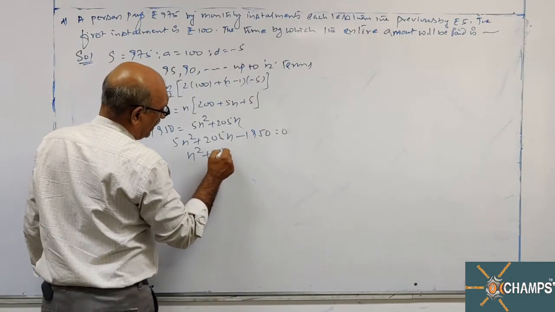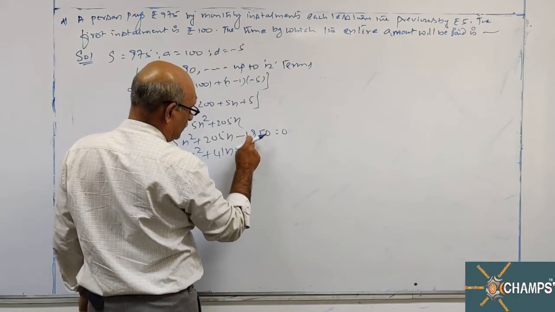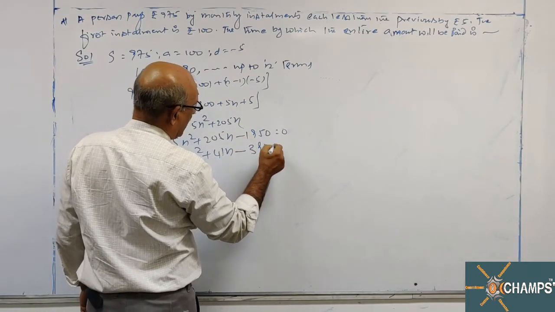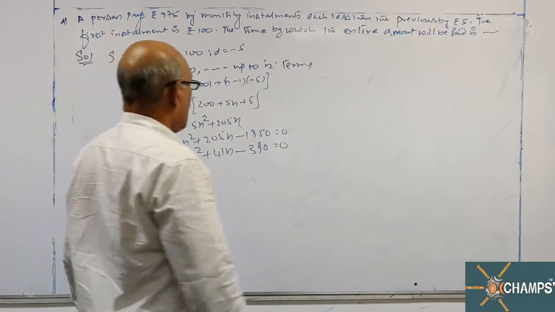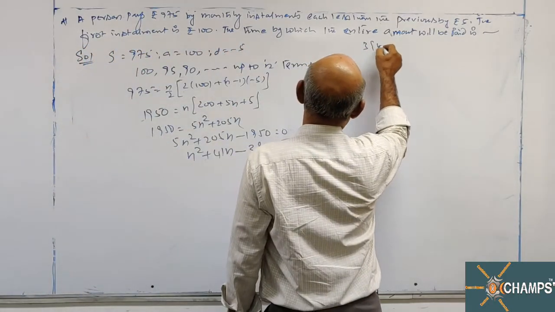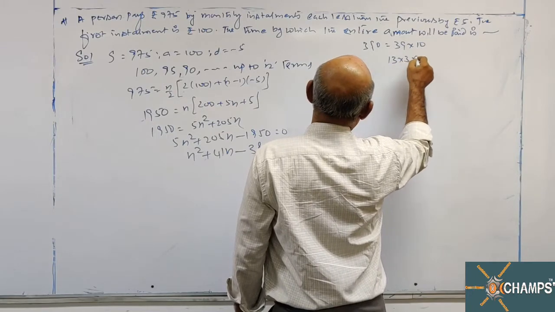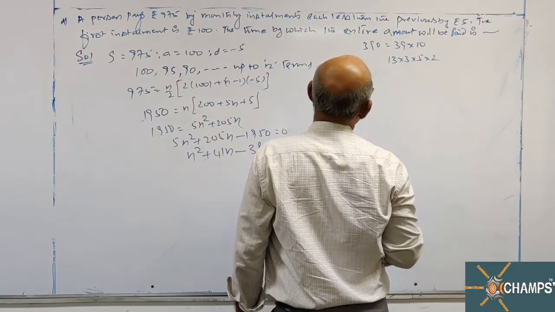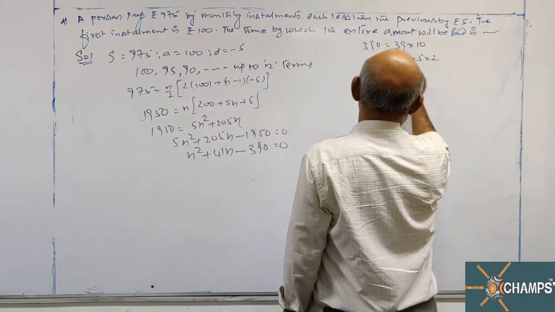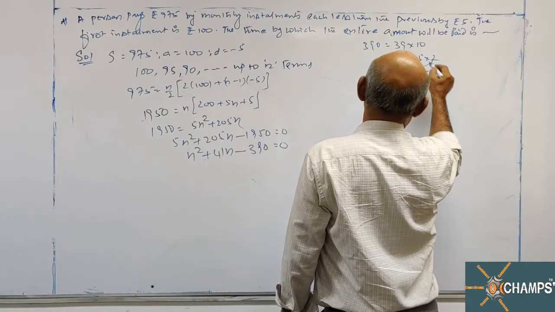n square plus 41 into n minus 390 equal to 0. So let's see the factors. 390, 39 into 10, 13 into 3, 5 into 2. So 26 into 15.